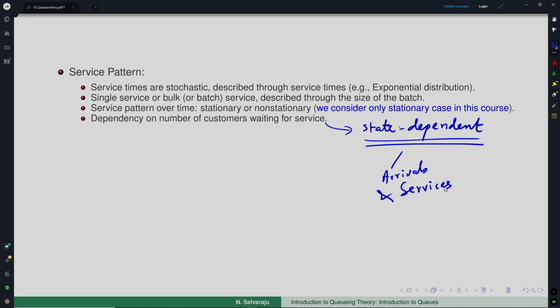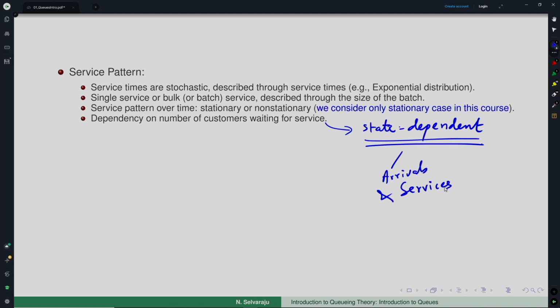So, dependency on the number of customers waiting for service. Either the server may start serving at a faster rate to expedite, or it can happen the other way around, like you could find an example. So, all these are called state dependent services. Okay.